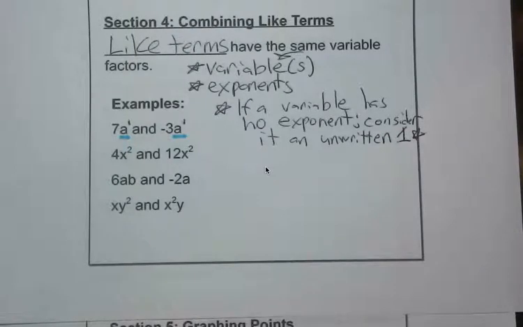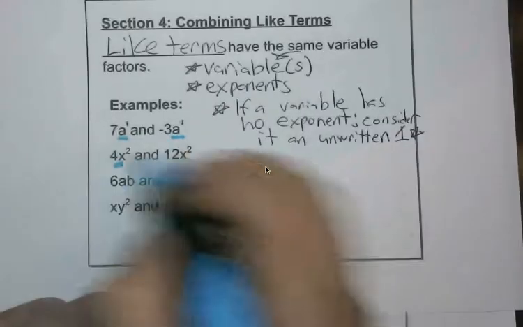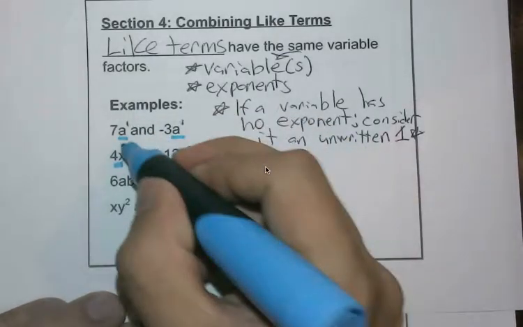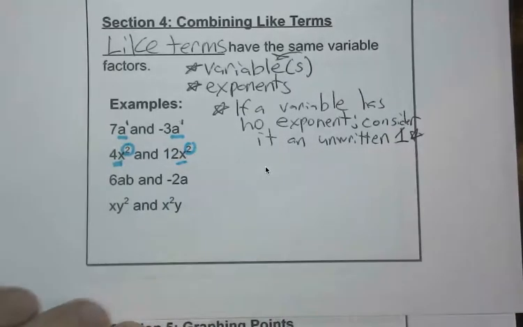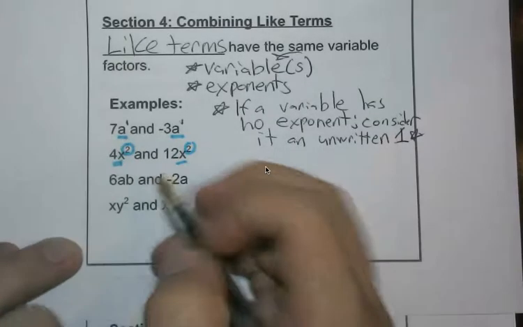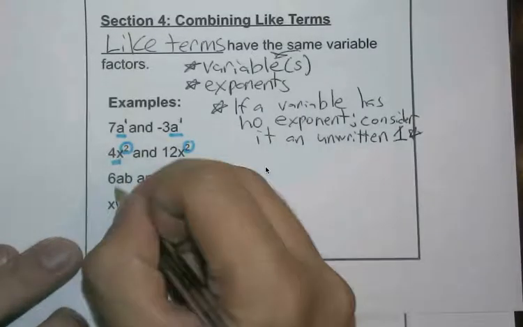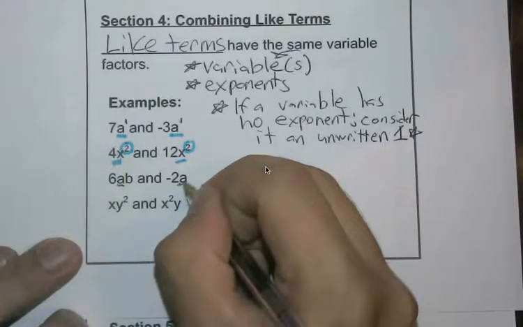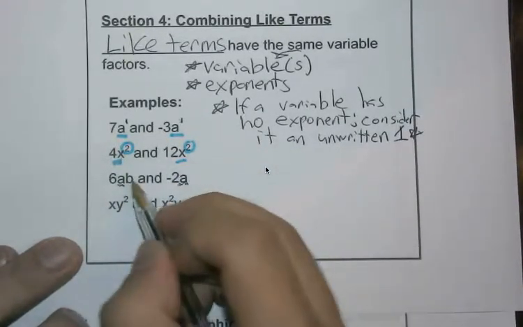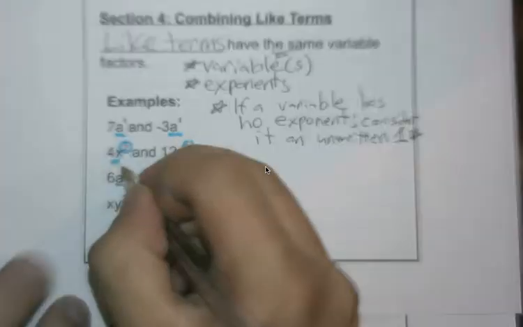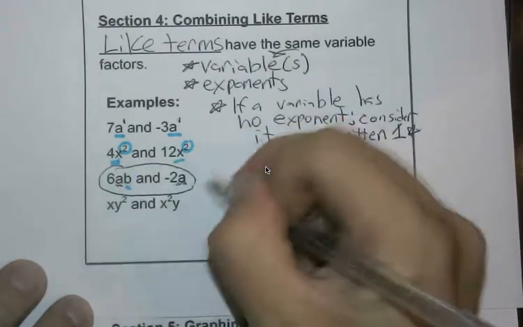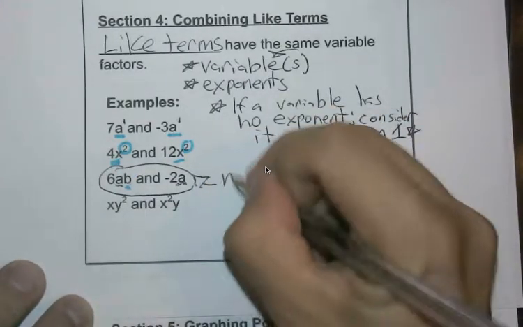So we just leave it as is. We see that 4x squared and 12x squared are the same because they have the same exponent, same variable. We do not see like terms here because although they both share a, they do not share b. B is on its own here. So we would say that for this example, these are unfortunately not like terms.